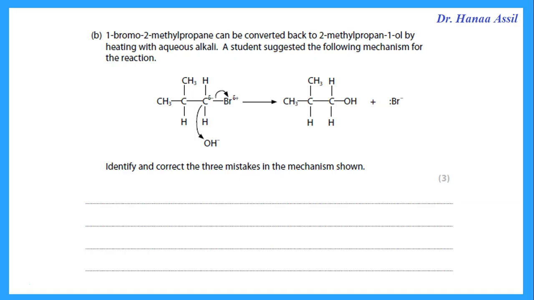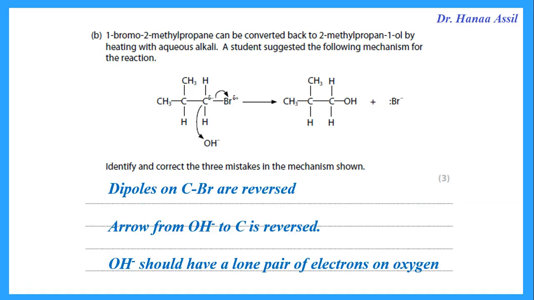Remember, we said, first of all, the dipoles on the carbon and the Br are reversed. The student wrote the carbon is slightly negative and the Br is slightly positive. It's the opposite. Bromine is more electronegative than carbon, so it is the bromine that is slightly negative and the carbon is slightly positive.